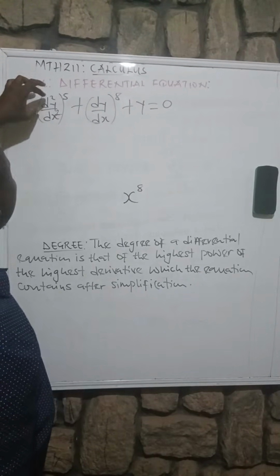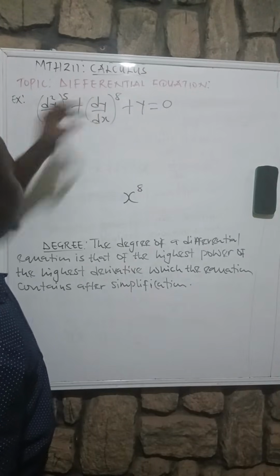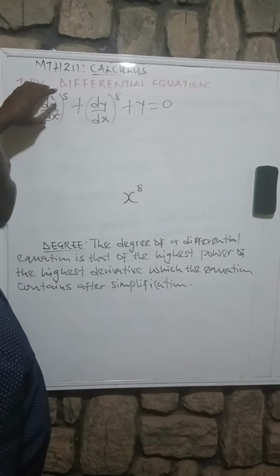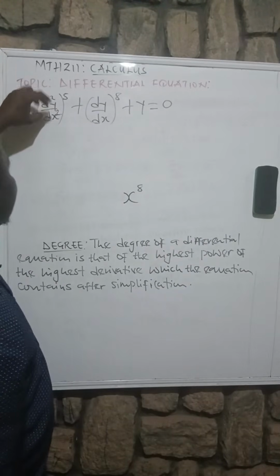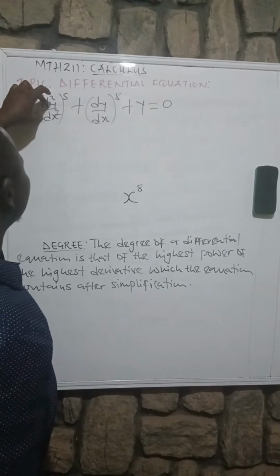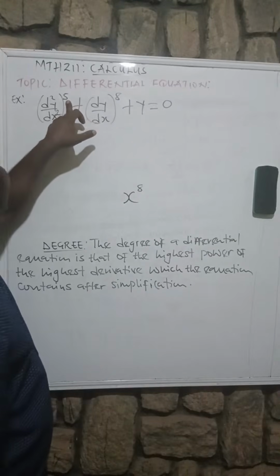Because this is d squared y over dx squared, while this is dy over dx. So you can now see that the highest derivative carries a power. And what is the power here? 5.